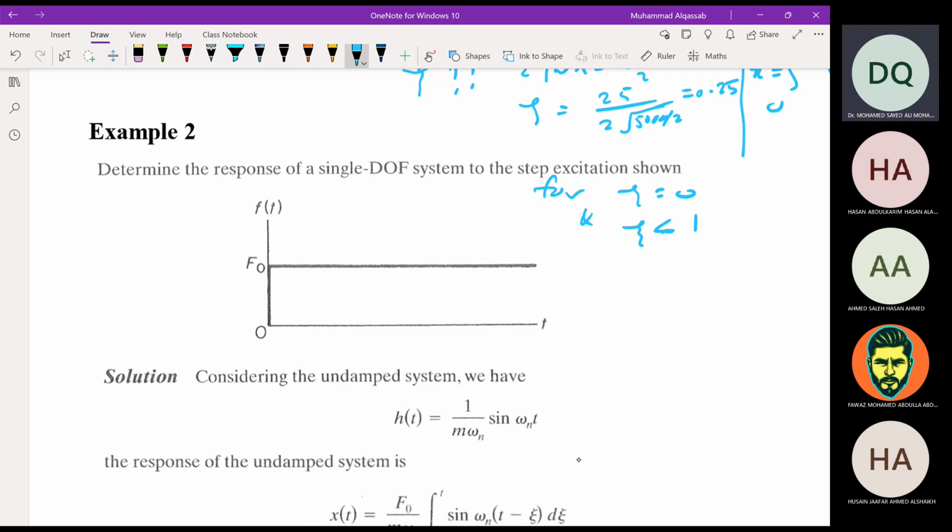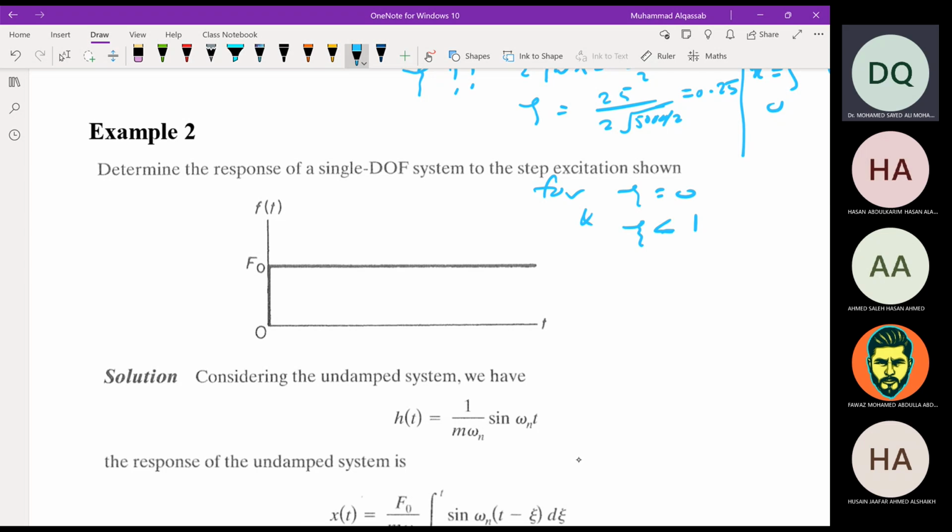Which is given as z double dot plus 2 zeta omega n z dot plus omega n squared z equal to minus y double dot, when you divide by m. The convolution integral for a system initially at rest will reduce to z equal to minus 1 over omega n, integration from 0 to t of y double dot at eta, sine omega n (t minus eta) d eta.